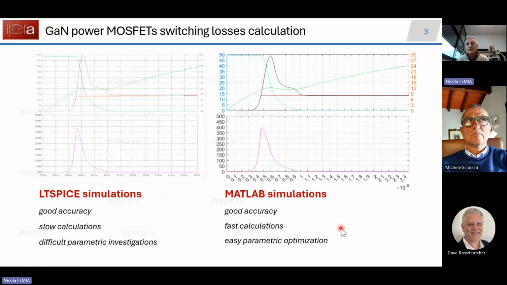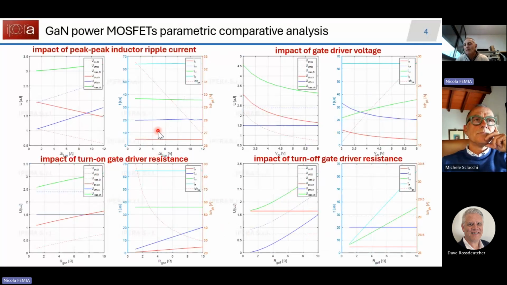you may get the same good accuracy as LTspice and make very fast calculations, making the parametric optimization very easy. For example, with the kind of model that we will discuss during the incoming course that we are going to deliver at the end of May, you can investigate the impact of the peak ripple of the inductor on the energy dissipated during commutation switching times and the peak current of the channel during transition.